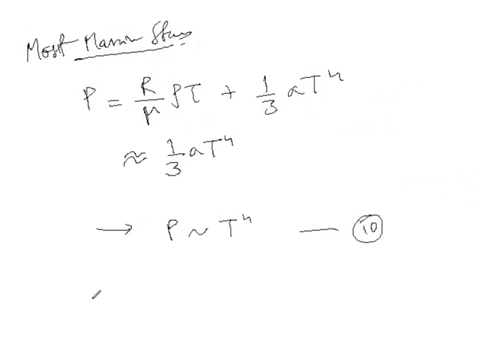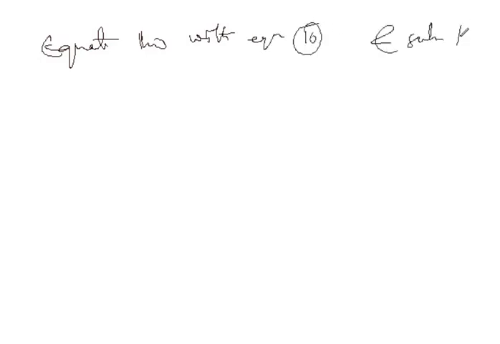Now, what about the electron scattering? Kappa is constant. So, this will again be the main source of opacity. Now, if we equate this with equation 10 and substitute for T to the power 4 in equation 2, then you will see what we get is this.